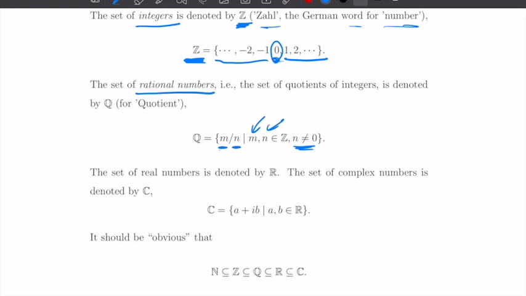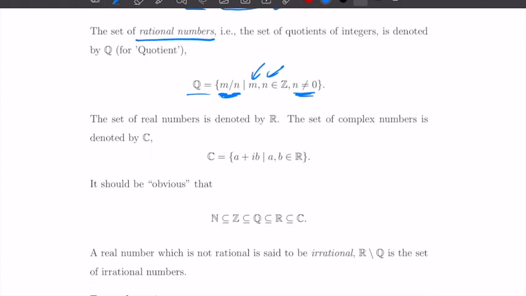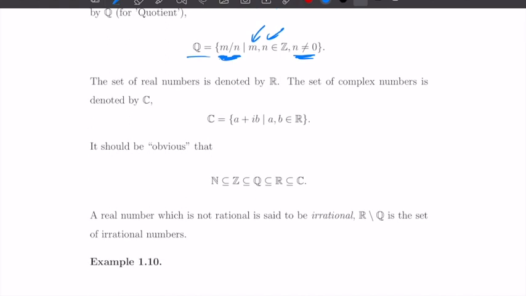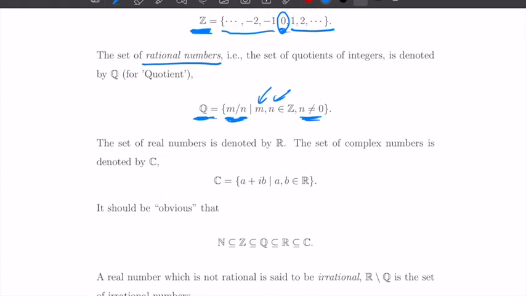So we write rational numbers like this. So this can be actually considered as a pair of integers. Oh, by the way, this is denoted by Q, which represents quotient.